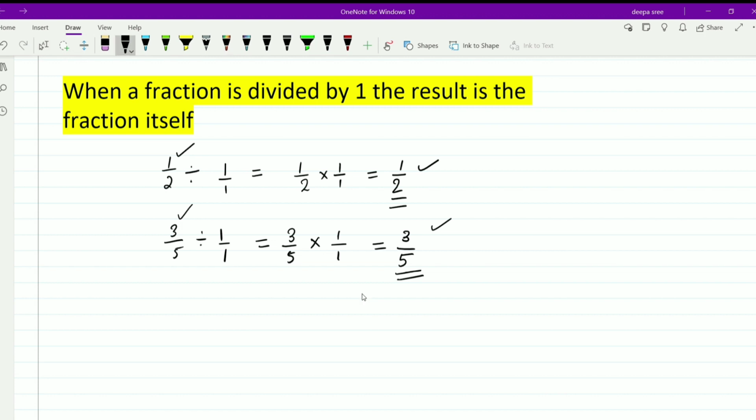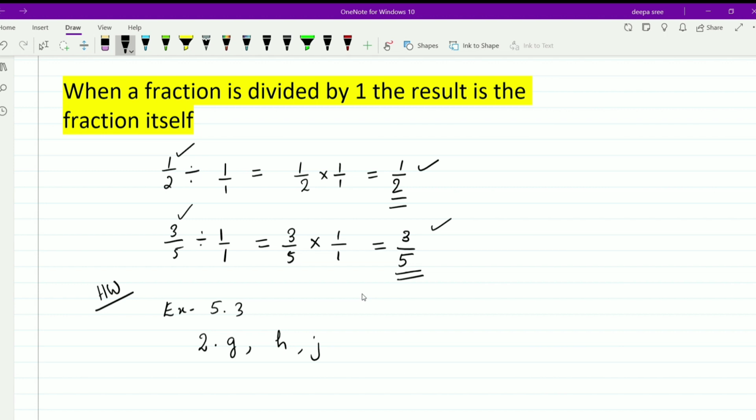I will mention the homework here. Exercise 5.3. Second main: G, H, J. Practice all the questions.